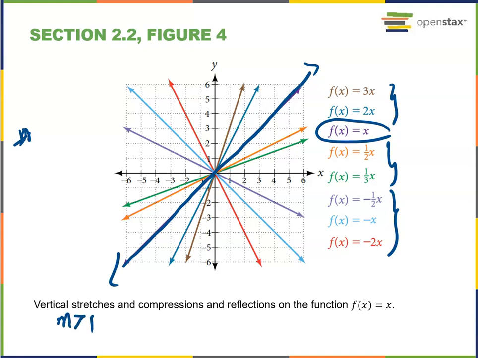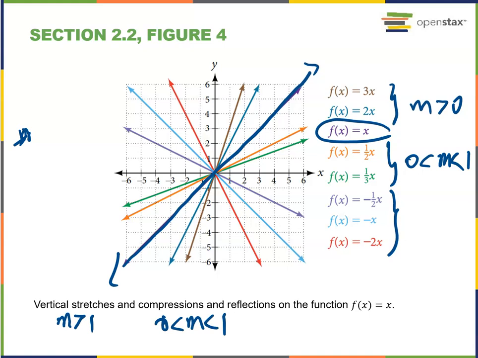That is a vertical stretch. And then when it is less than 1 and greater than 0, look at this 1/2 and 1/3, that is between 0 and 1. So that is a compression.